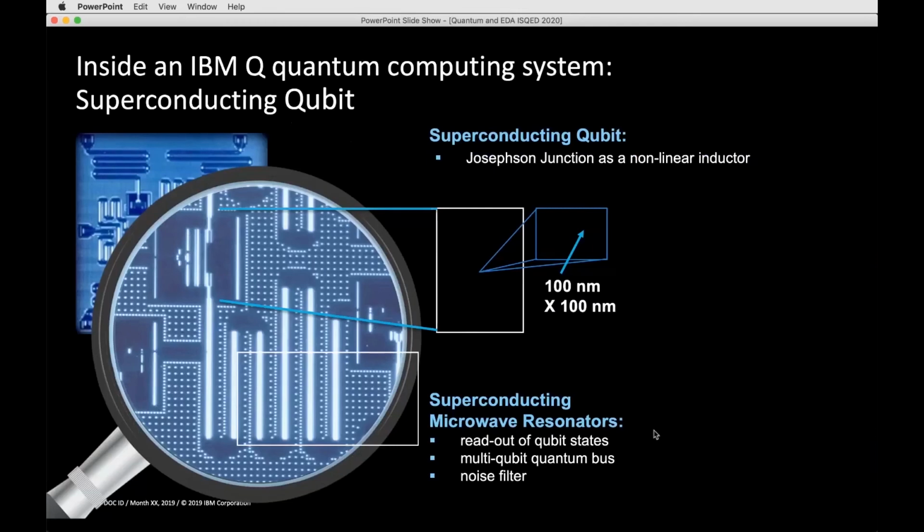One is to read out the qubit states and also to create the buses between the qubits to create the entanglement. Furthermore, we can program them to do some isolation, to propagate or cancel out noise to ensure that some of the qubit operations can operate more reliably.